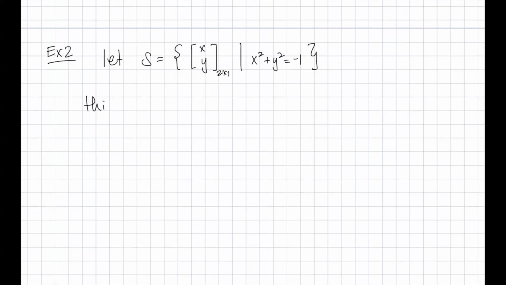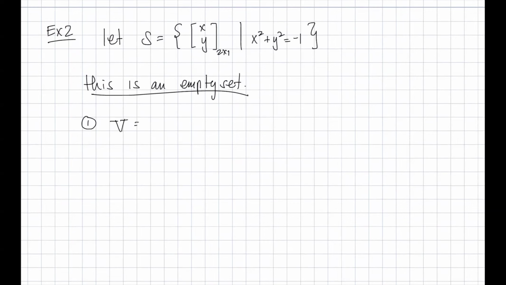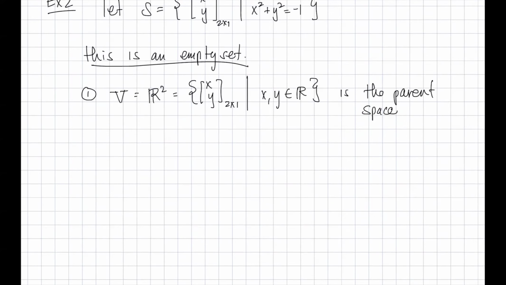This is an empty set, so that's going to be the issue here. You could start off with the parent space. Capital V, the parent space, would just be R2, the set of all ordered pairs or 2 by 1 vectors where x and y are real numbers. No big deal.